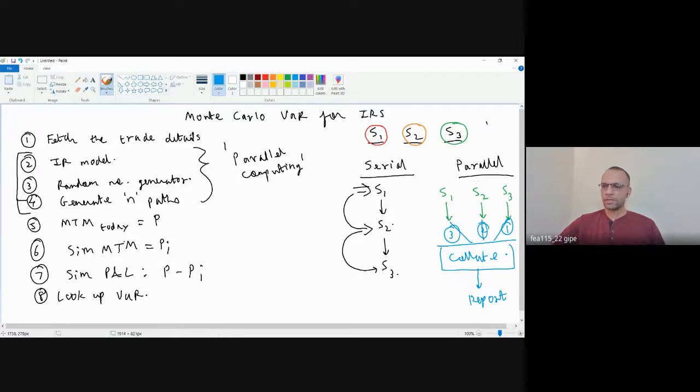So especially around simulations or maybe stress testing or scenario analysis, parallel computing is the key. Those of you who are interested in this computing side of things, this is something which you can definitely explore. Also, another thing on parallel computing which you can check out is a GPU, which we call a graphical processing unit.